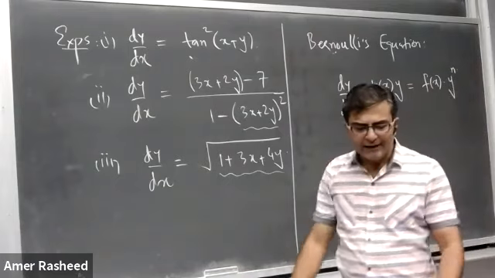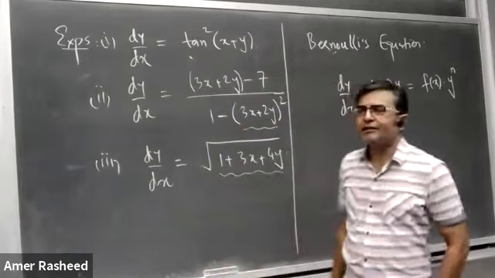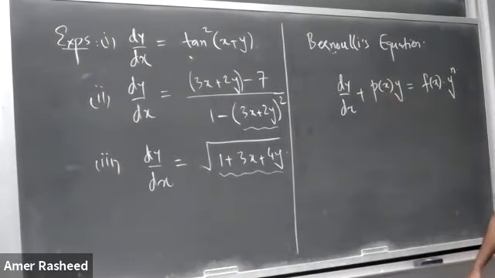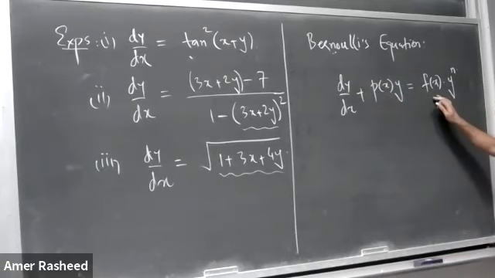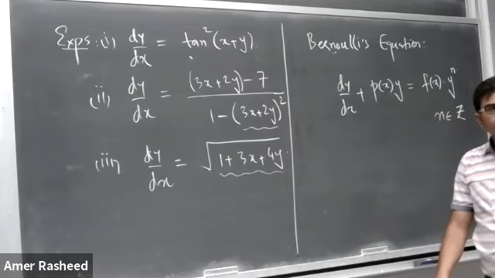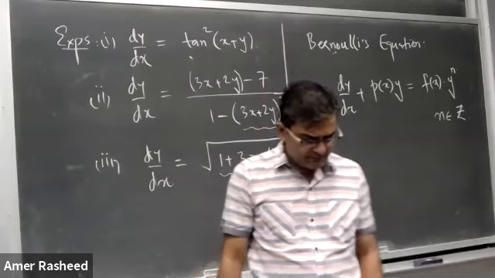This is not exactly a linear equation, but it's a kind of linear equation with a non-linear term on the right hand side. The left hand side is a linear differential equation as we had discussed. The right hand side has some function of x times y power n, where n is some integer, or it could be anything.